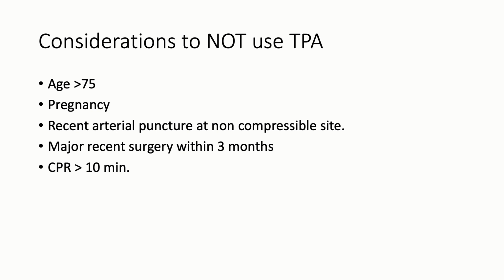I think the risk is lower when you're talking about a laparoscopic appendectomy versus AAA repair, for example. And then another relative contraindication or consideration to not give TPA is in a patient who's had a prolonged period of CPR because of the risk of hemothorax and other hematoma or bleeding spots, or liver laceration with hemorrhage or splenic laceration, etc.